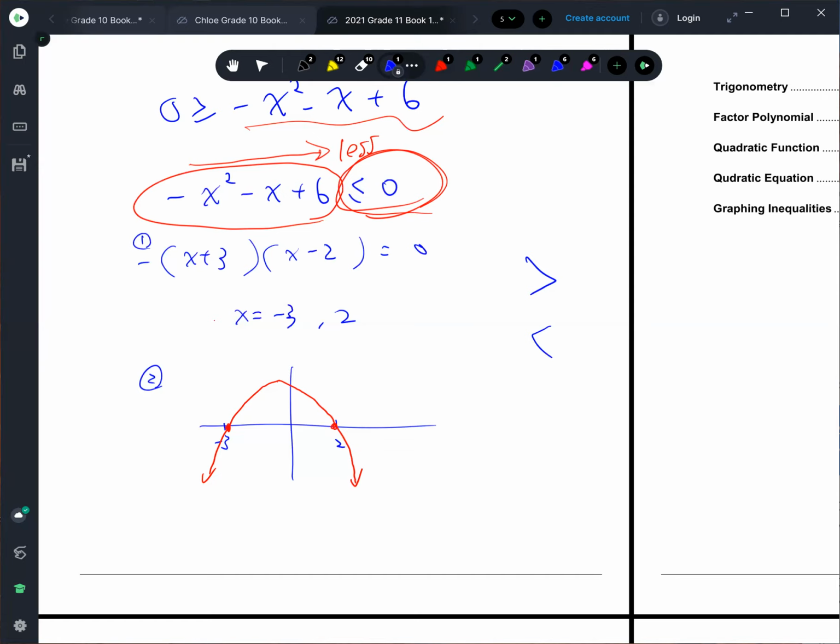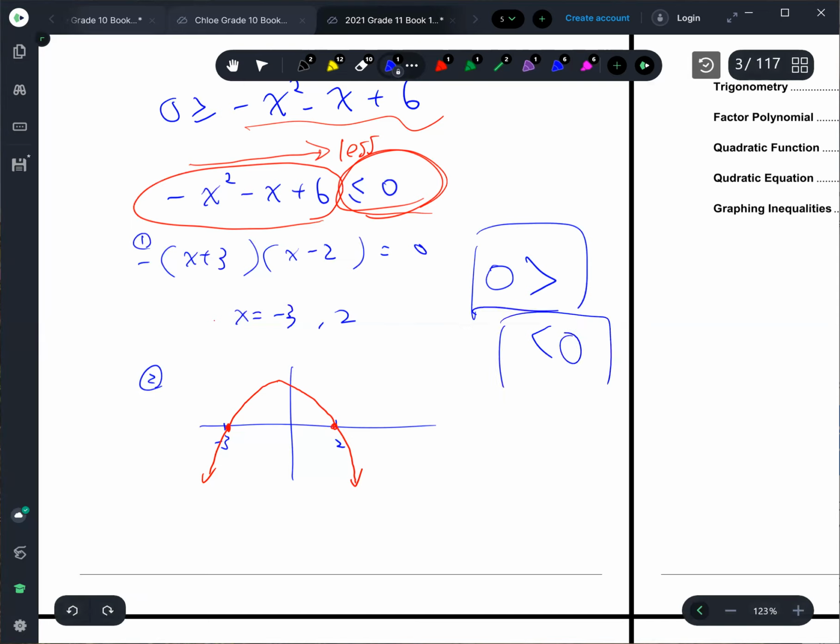But my question is, is it greater than 0 or less than 0? The 0 is on the open, like on the greater side, right? On the left side. For example, if you put it like this or put it like this, it's different ways, but the way to read it is the same.